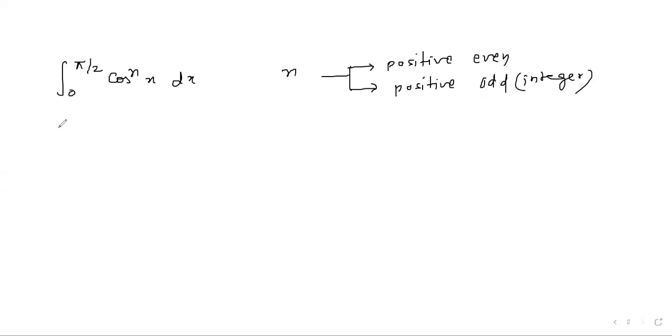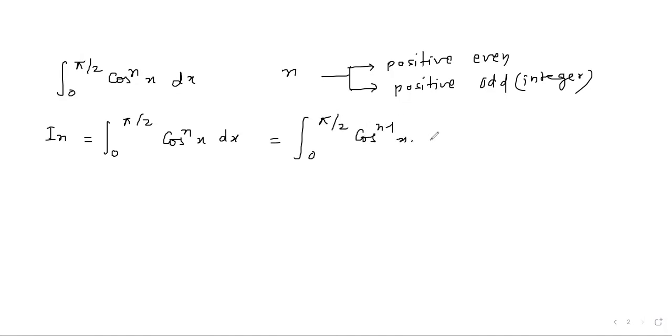Now let's write it as I n is equal to 0 to pi by 2 cos power n x dx, which can be written as 0 to pi by 2 cos power n minus 1 x times cos x dx. Now further, we use integration by parts and we integrate it. So this we keep as integrable function, this differentiable function.